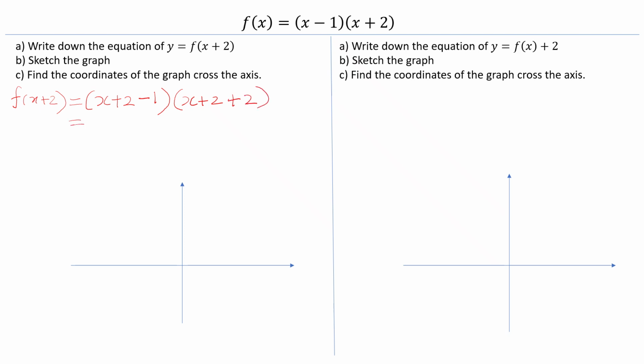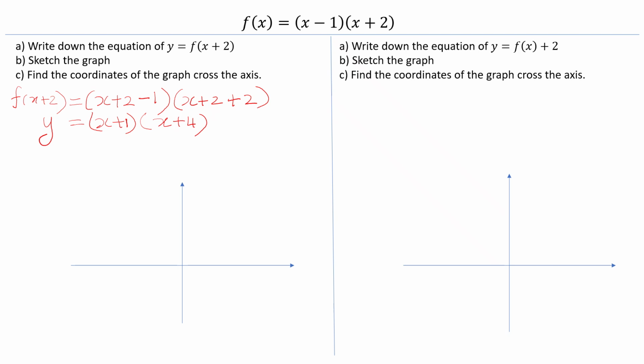Now simplify this: x plus 2 minus 1 is x plus 1, and the second bracket is x plus 4. So this is the equation y equals (x plus 1) times (x plus 4).